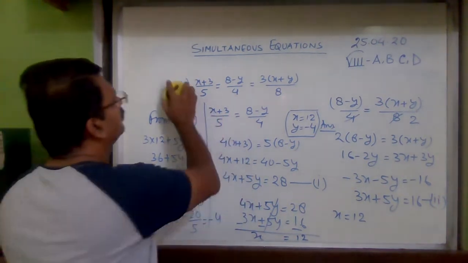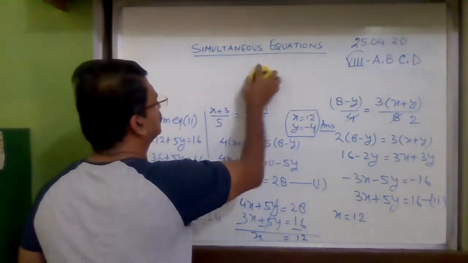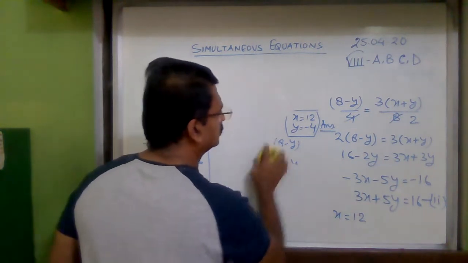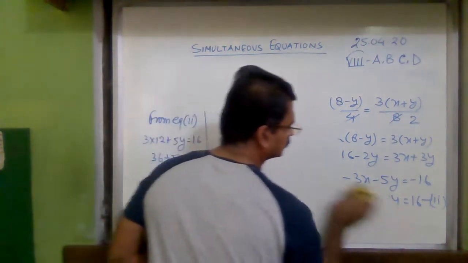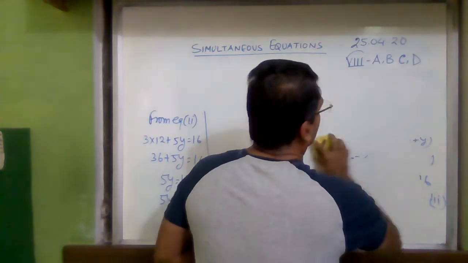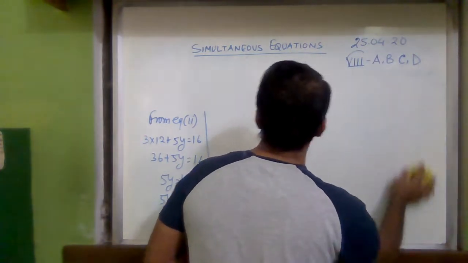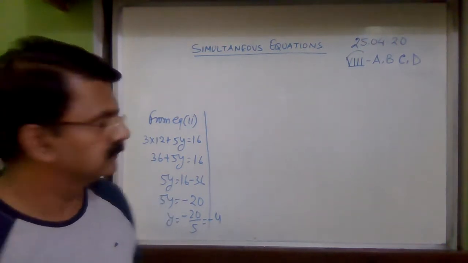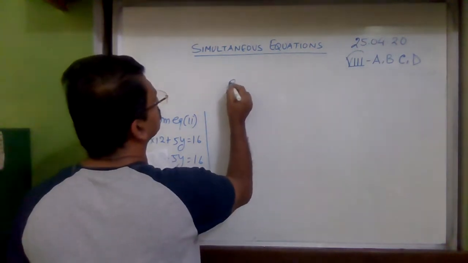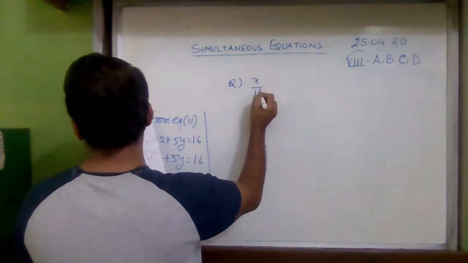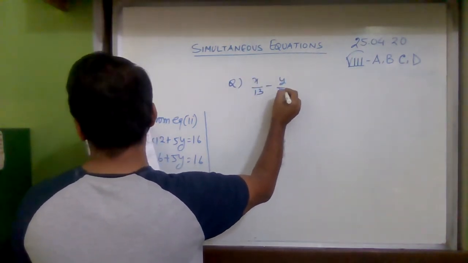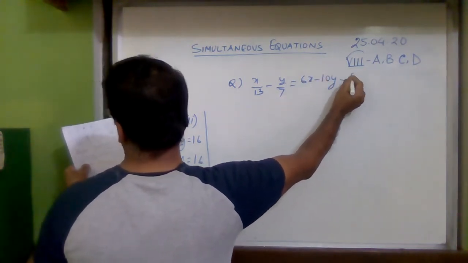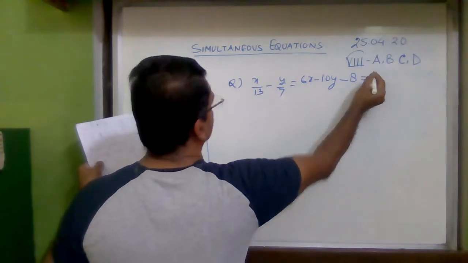So the next example is x by 13 minus y by 7 is equal to 6x minus 10y minus 8 is equal to 0.